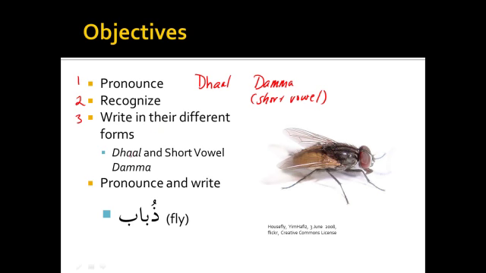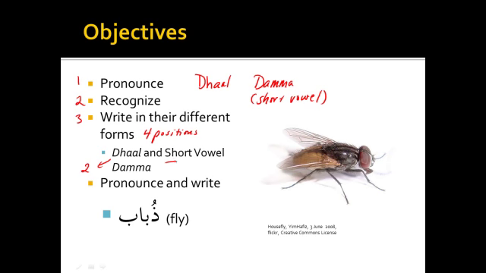So we're going to write the Dhaal, and remember the Arabic letters have 4 main positions. And the Dhaal has, just like the Dal, if you remember the Dal, 2 forms out of the 4 positions. So that's important to remember. It looks a lot like the Dal in the previous lesson that we covered.